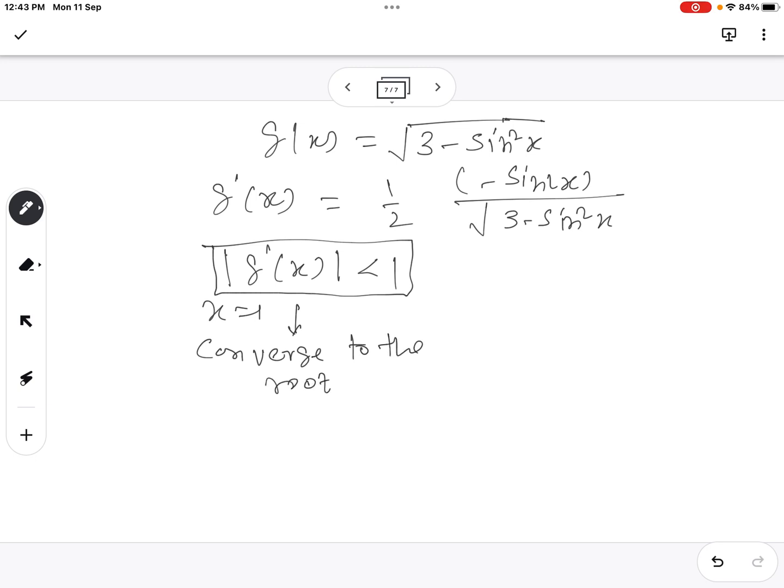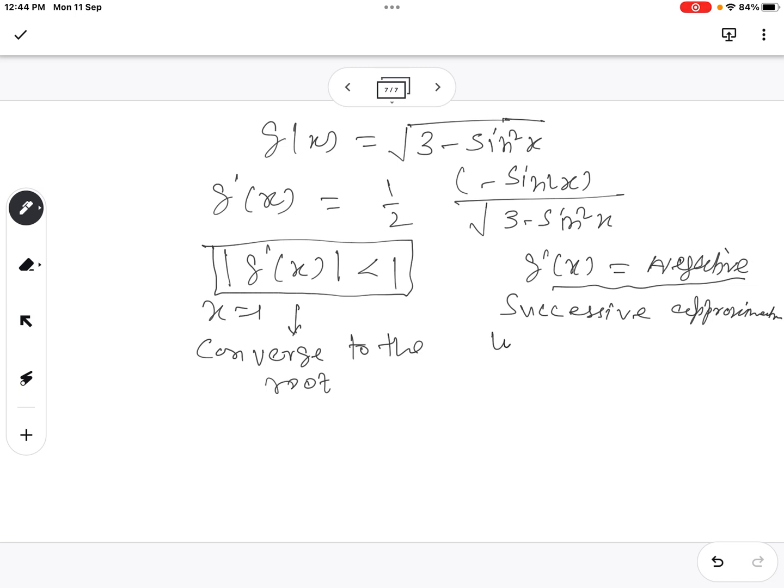In addition, we see here that g prime is negative, and hence the successive approximations will oscillate about the root.